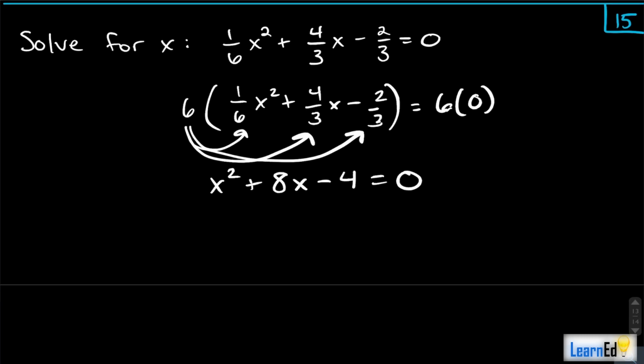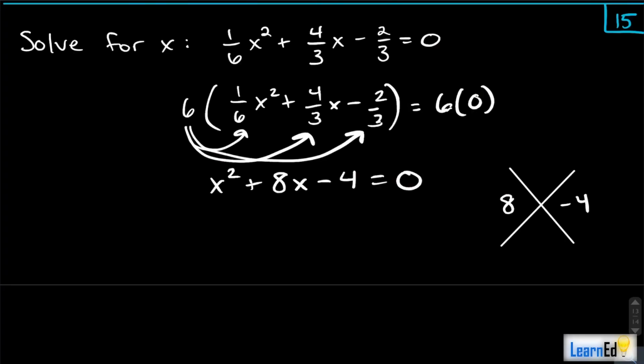All right, now let's try to factor this before we use the quadratic formula or go through any trouble. Well, two numbers that add to 8 and multiply to negative 4. I can't think of any off the top of my head, to be honest. You can actually see why we have a dilemma here, because the smallest numbers that add up to 8 are like 4 and 4, and if you multiply them together, they're 16.